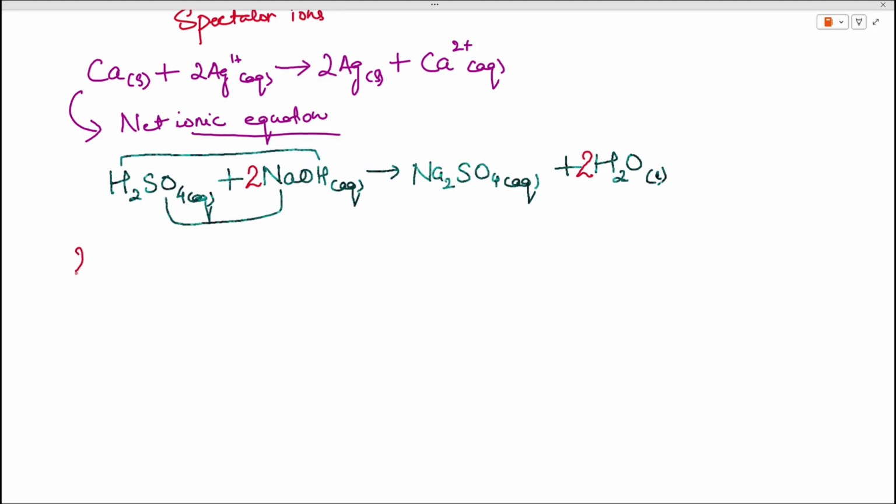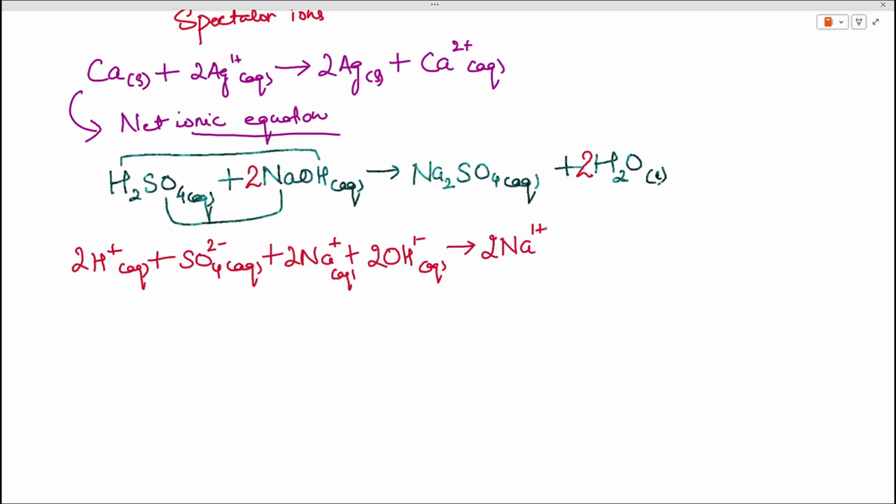So we have 2H positive plus SO4 with a 2 negative plus 2Na positive plus 2OH with a 1 negative, and this gives us 2Na with a 1 positive plus SO4 with a 2 negative and plus 2H2O written as such because this is a liquid, so it is not aqueous for us to break it down.